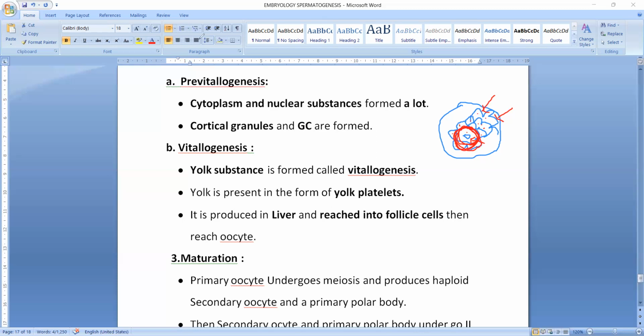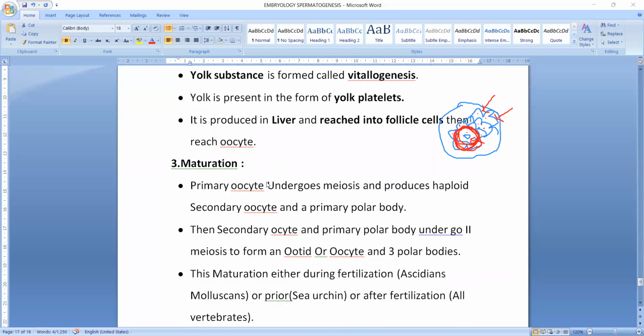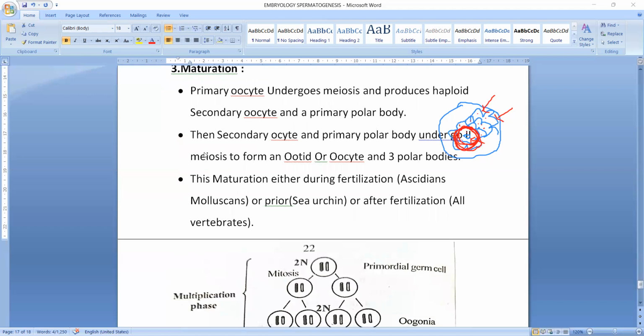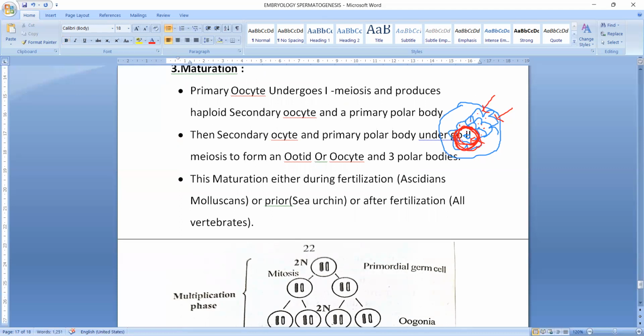So that is about the growth phase, and then the maturation phase. Here the primary oocyte undergoes the first meiotic division, meiosis 1.